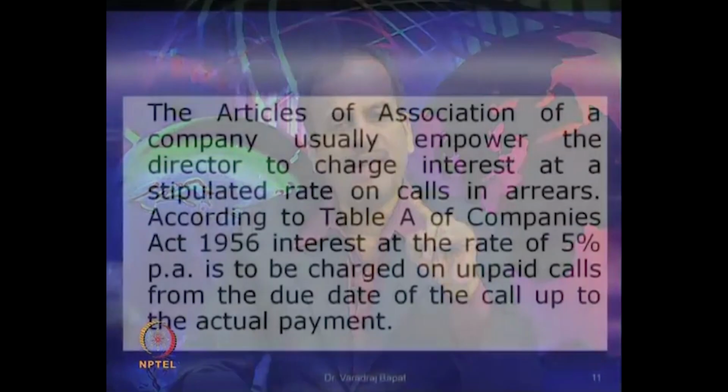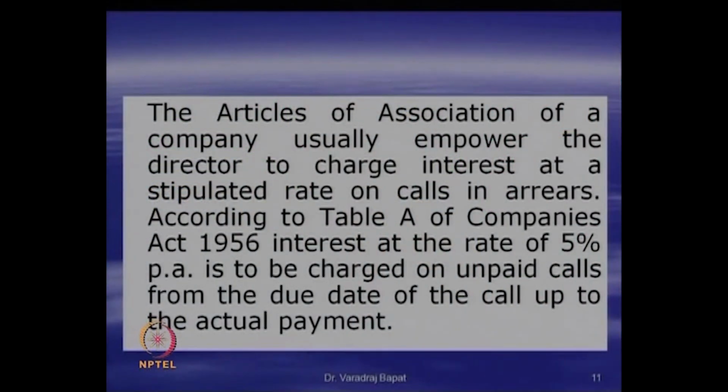Now normally what happens is, if some of the shareholders are not paying the share money in time, naturally they have to pay interest for it. Now as per Company Act, companies can charge 5% on the unpaid calls. Company's articles of association of course should make the provision for such a call.